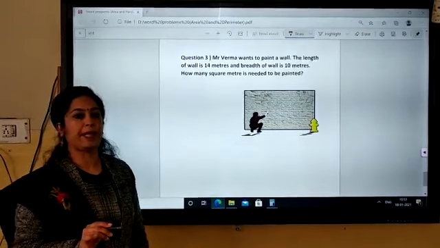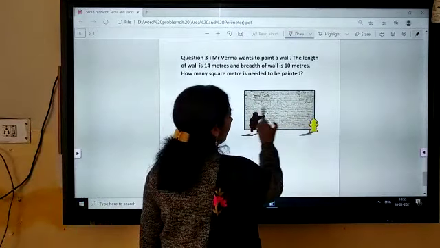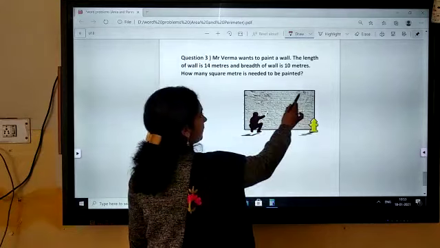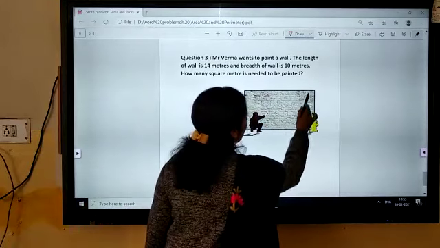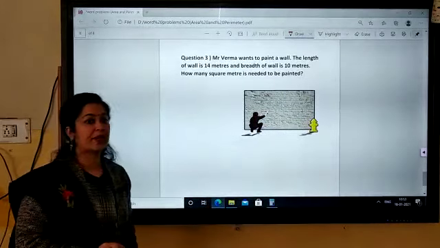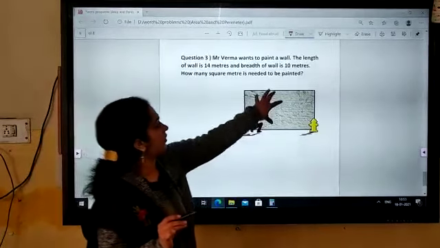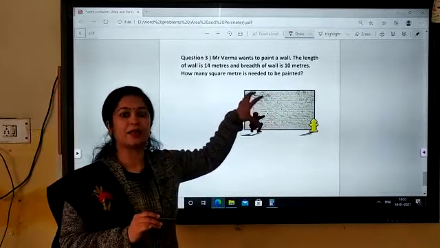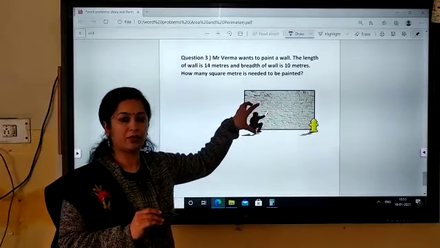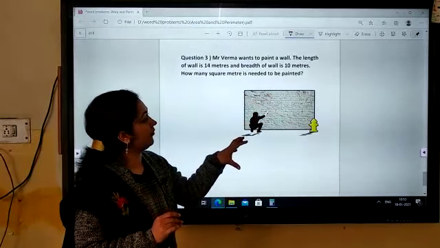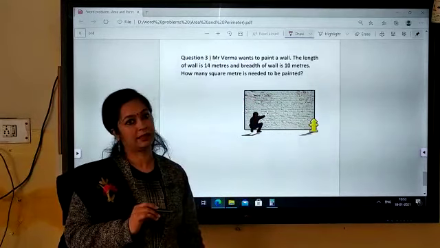He will paint the whole wall, means the space enclosed within this wall. It means if we want to know the space inside a closed figure, then what we do? We always find area in that case.